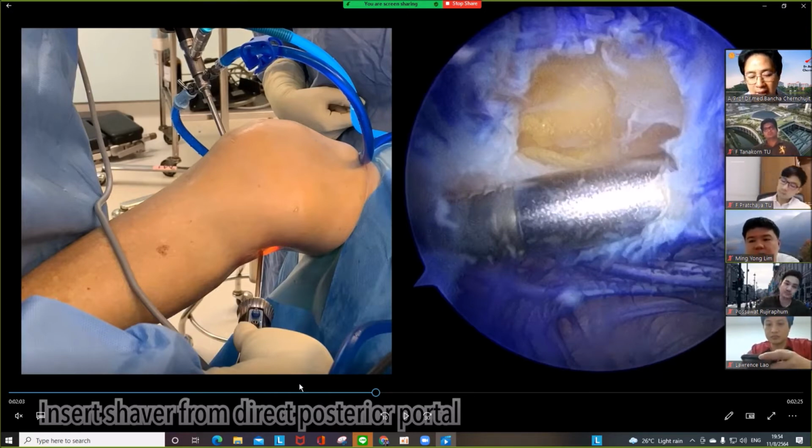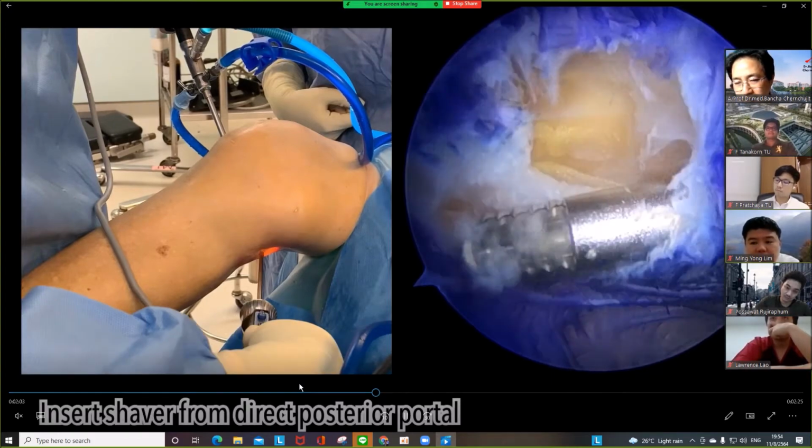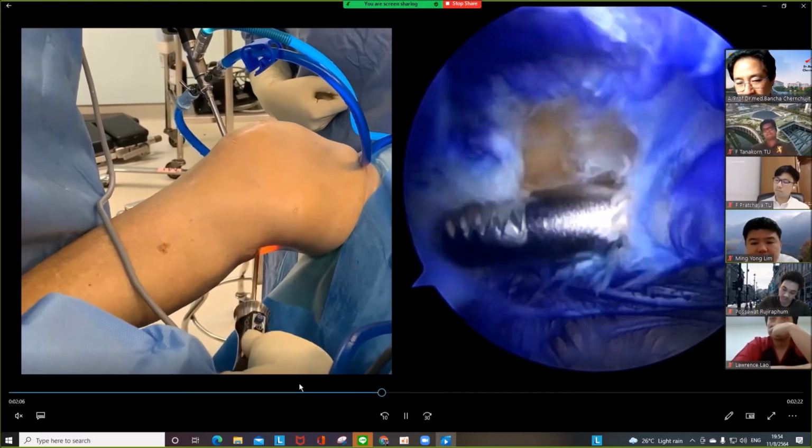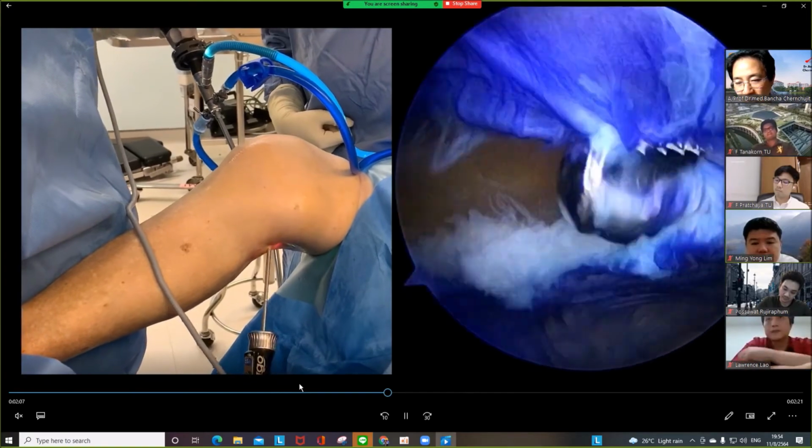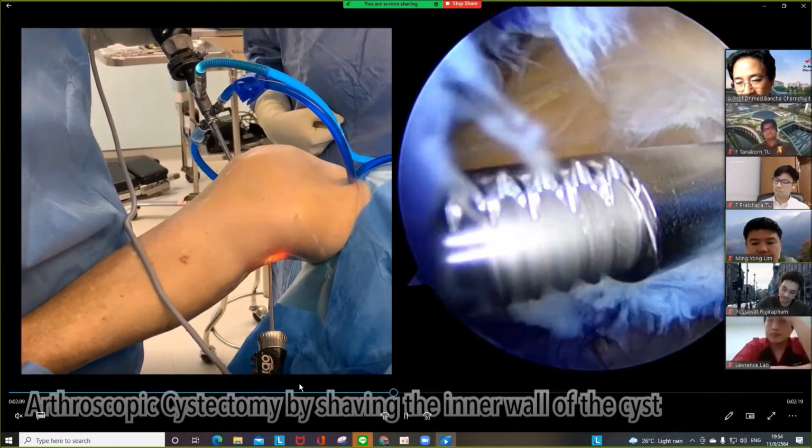Okay, like that. And when your cyst wall is already cut, it can be easily sucked into your shaver. So don't move too much. Okay, and the vital structures is close to the center. So careful when you're moving very close to the center. Okay, like that.